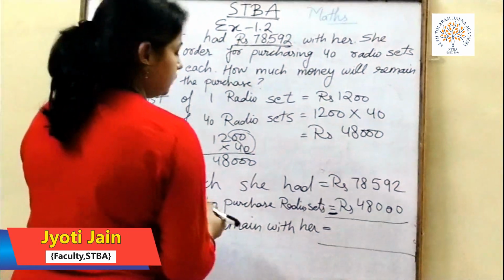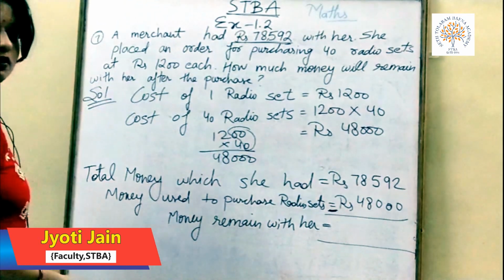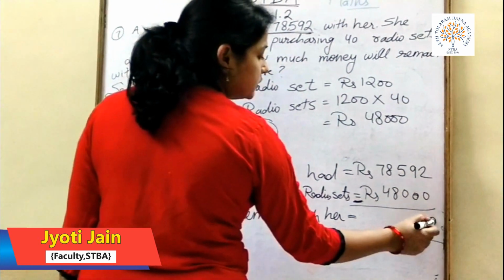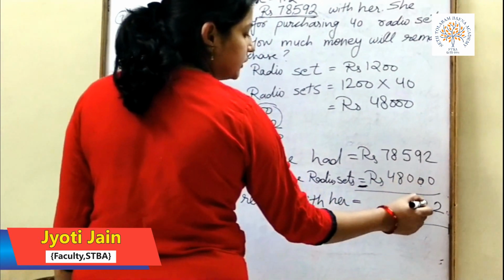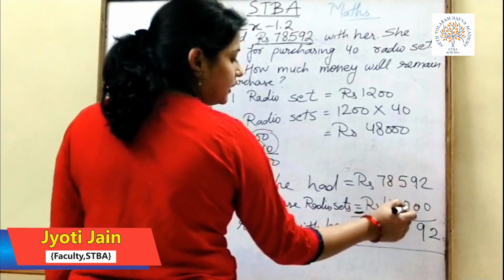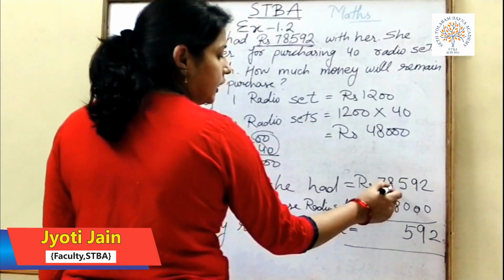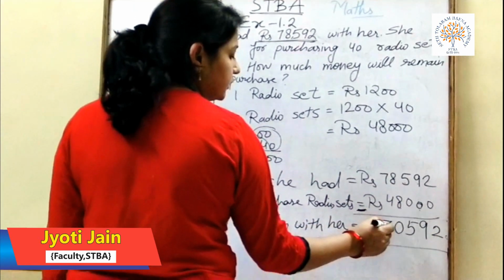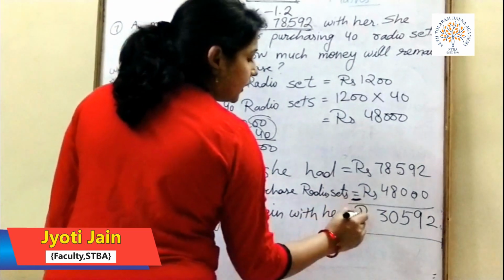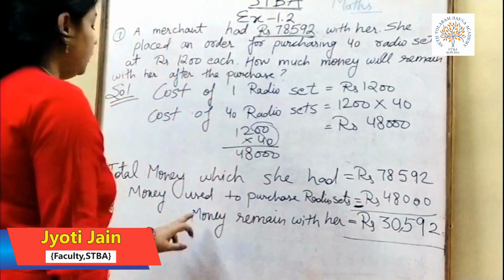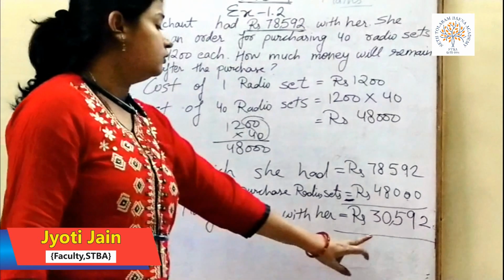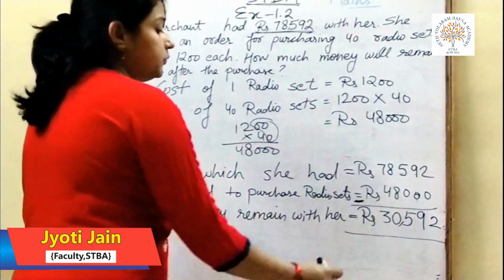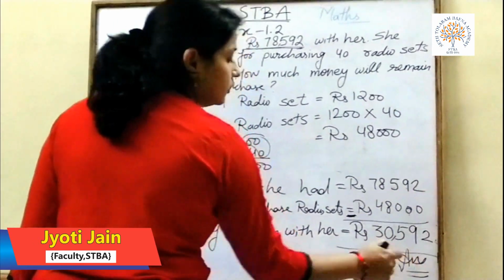So this one is 2 minus 0, so 2 minus 0 is 2. 9 minus 0 is 9. 5 minus 0 is 5. 8 minus 8 is 0. 7 minus 4 is 3. So the final answer is, how much amount she has now? Rupees 30,592. This will be our final answer.